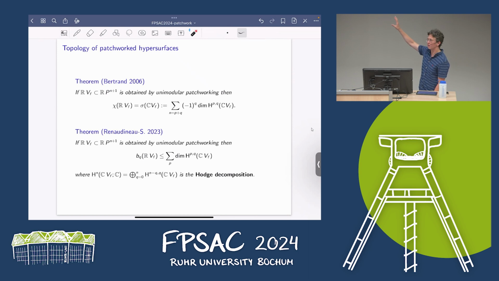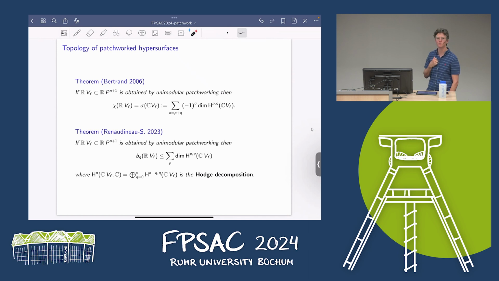So there are hypersurfaces that violate these bounds that do not arise from patchworking. Okay, so I'm mentioning these theorems because at the end of my talk, I'm going to circle back to this in a generalization.